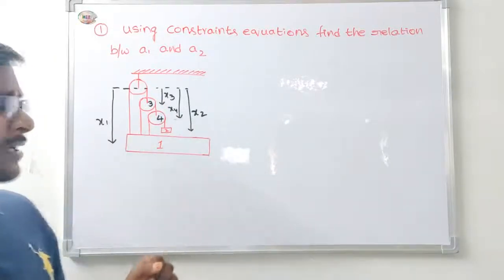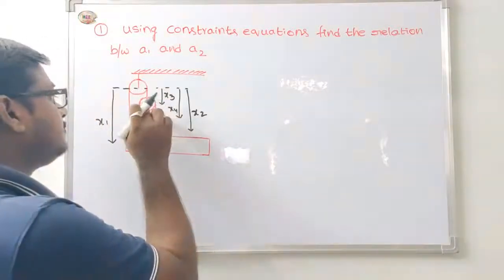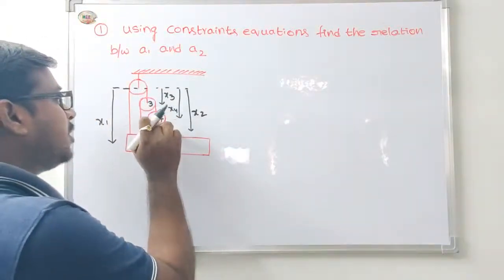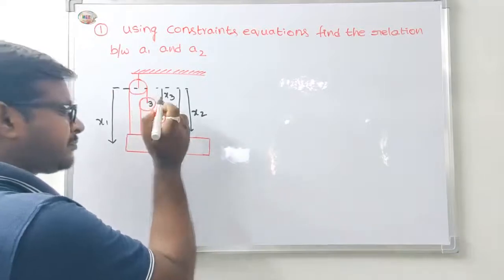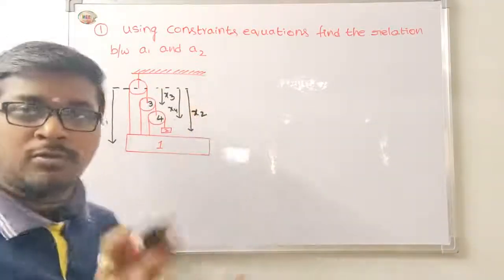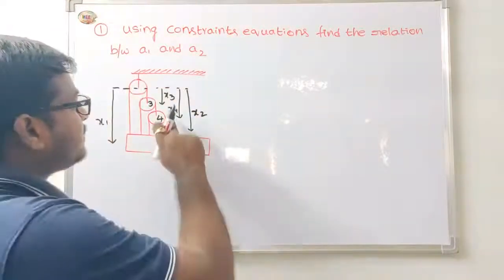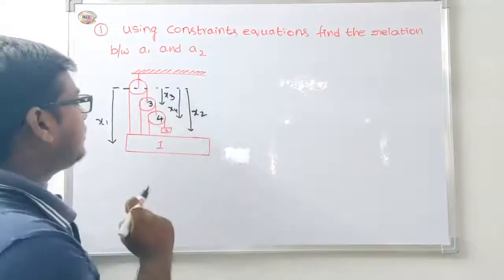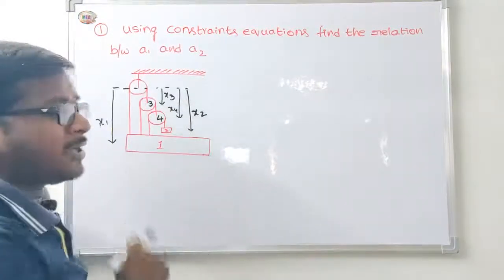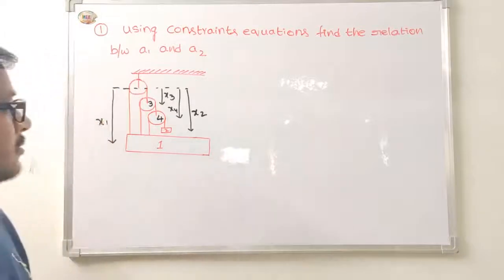Let us consider block 1, block 2, the second pulley and the third pulley, numbered third and fourth. These four are movable. So let the displacements from the dotted line be x1, x2, x3 and x4.